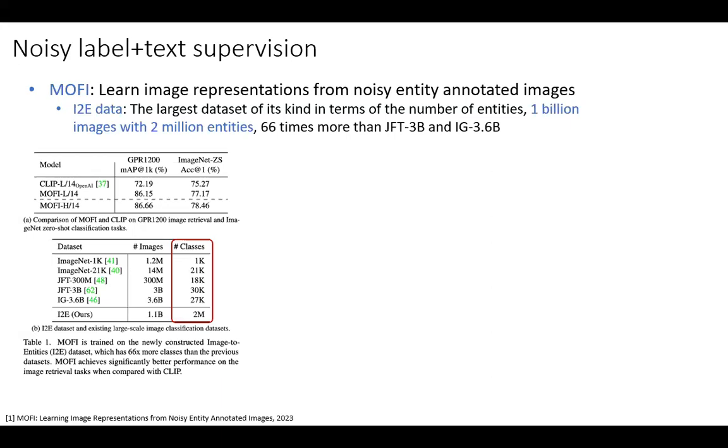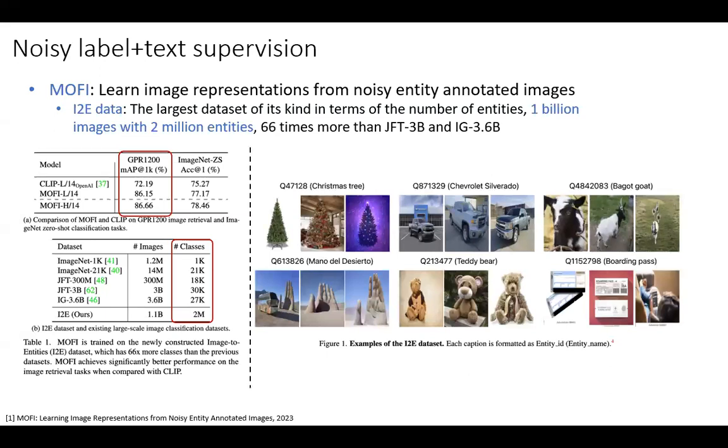So going beyond ImageNet-1K and possibly ImageNet-22K, right? By using such datasets, the authors show that on the image-to-image retrieval benchmark, which has wider industry use, the performance can be improved a lot compared with the original CLIP model. And this is some examples of the I2E dataset.